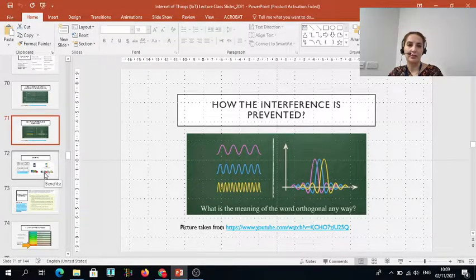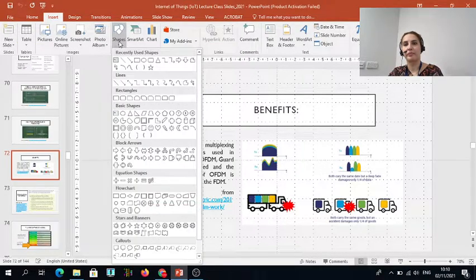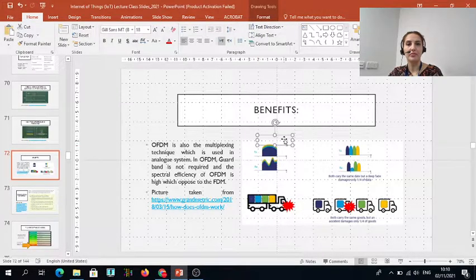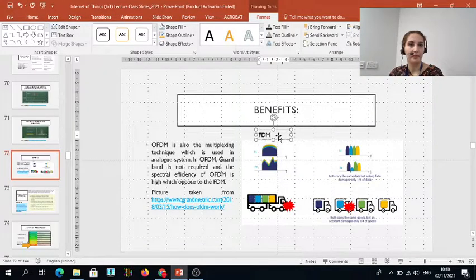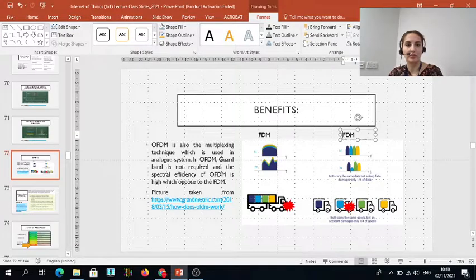One thing that I mentioned was that if some part of the signal gets distorted between the transmitter and receiver, how that differs when we are looking at OFDM and when we are looking at FDM. So I probably should put something here, just to make sure that when I'm looking at this spectrum, I'm looking at FDM, and this side I'm looking at OFDM.